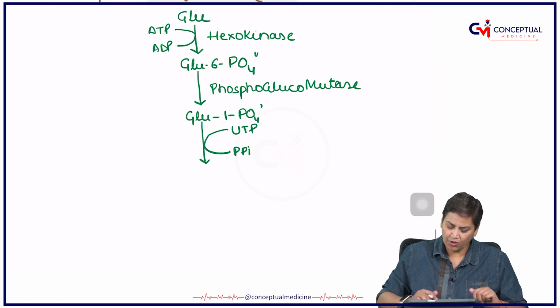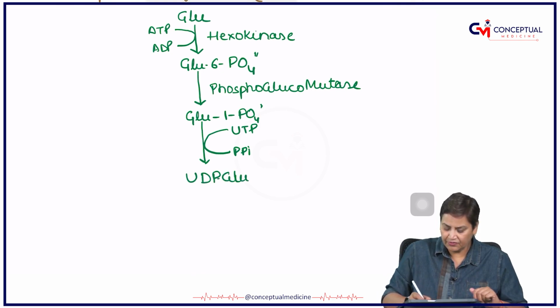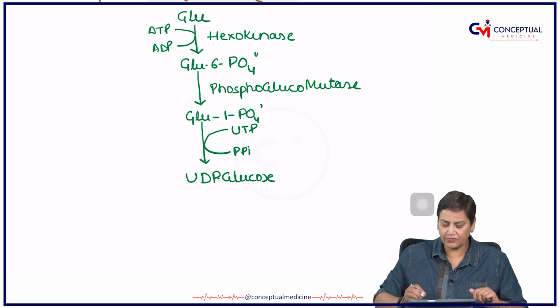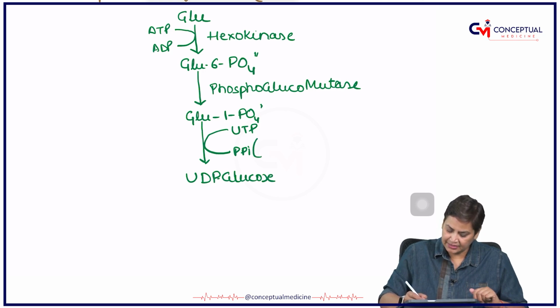And it is going to form UDPG, which is uridine diphosphate glucose. And here the name of the enzyme is simple, you can say UTP phosphorylase, or if we have to write the expanded form, uridine diphosphate pyrophosphorylase.